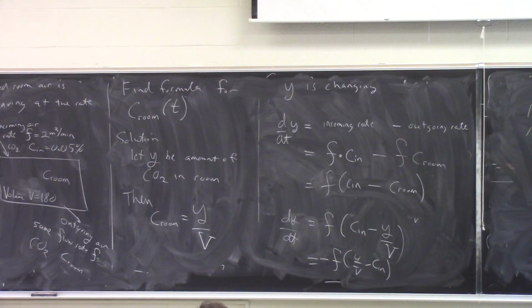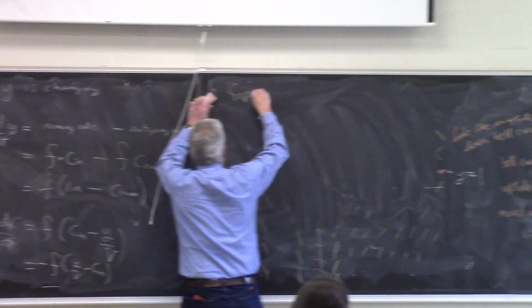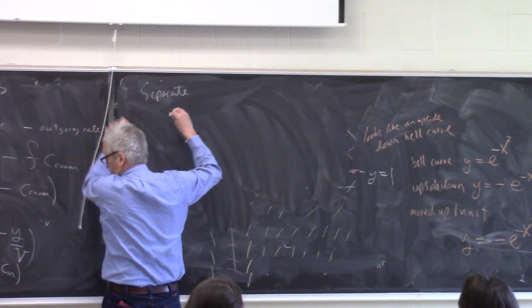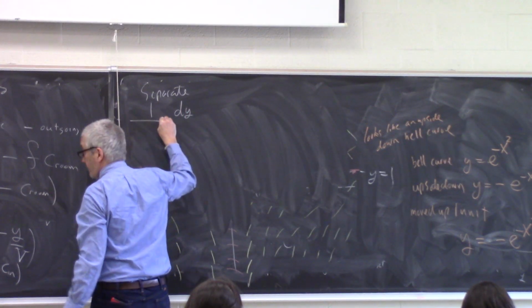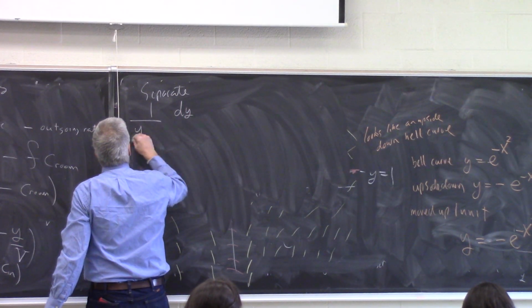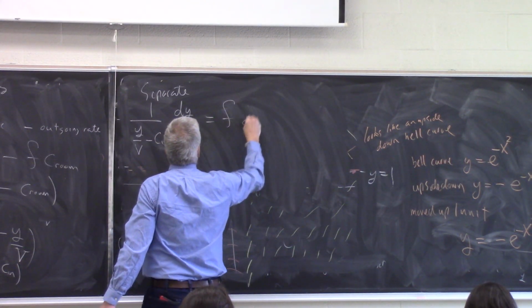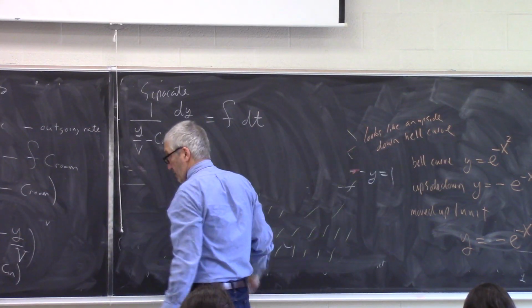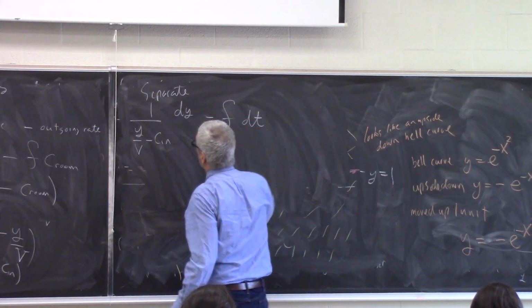So let's separate and integrate. So we get dy times 1 over Y over V minus Cn equals F dt. So let's integrate both sides.